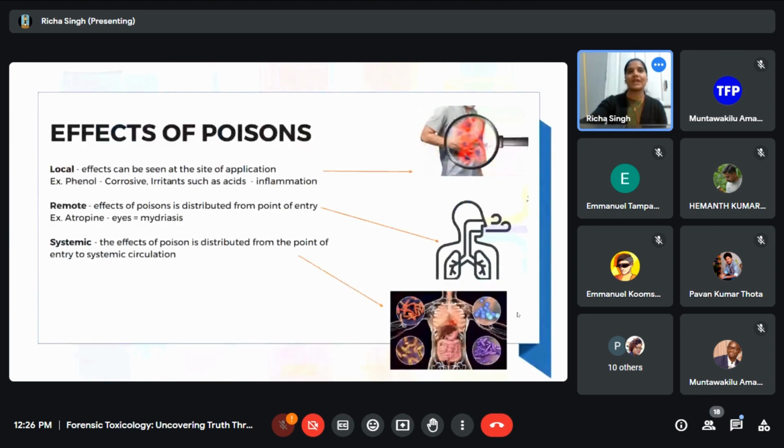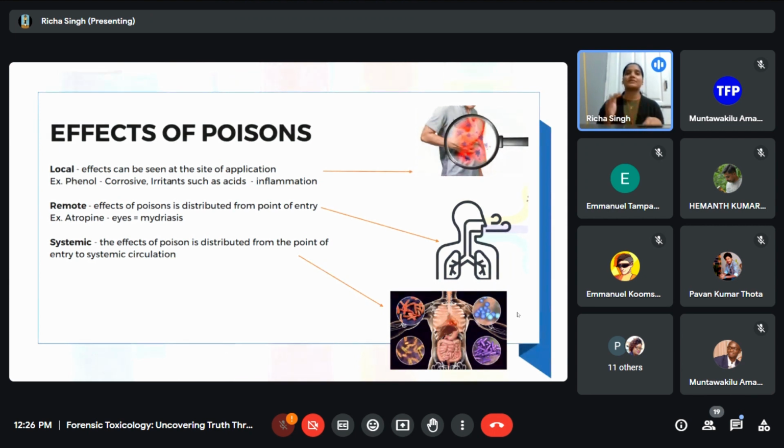Now, moving further, what effect does the poison exactly cause to the body? So basically here we have three things, that is local, remote, and systemic. Local effect of poison, or you can say local action of a poison, what do we understand by that? The effect can be seen at the site of application. That means wherever the poison comes in contact, the effect will be shown then and there itself.